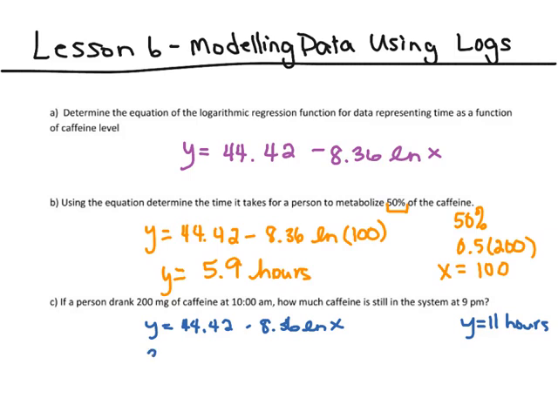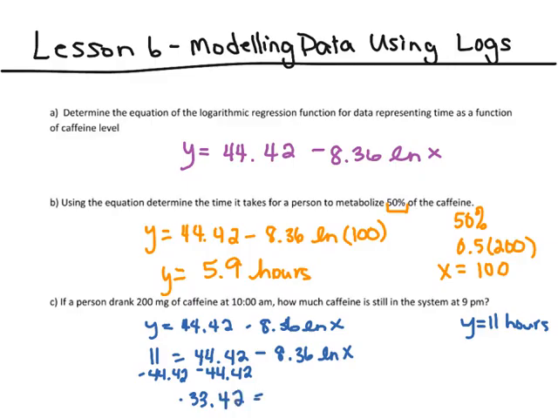We have y is equal to 11, which is 44.42 minus 8.36 log x. Now we're going to subtract the 44 to the other side. And you have negative 3.42 is equal to negative 8.36 ln x.